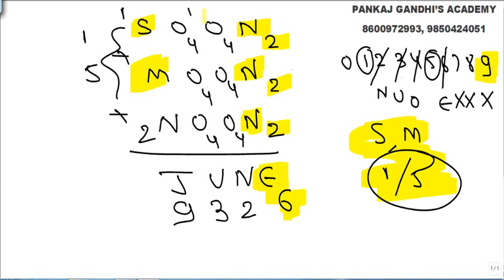So we get E6. Now to get N2, we tried O4 plus 4 plus 4, 12. Carry forward goes 1. Same O4 plus 4 plus 4, we get 13. Now what all we have got is 2 is gone for N, 3 is gone for U, 4 is gone for O, 6 is gone for E. 0 cannot come at leftmost place.